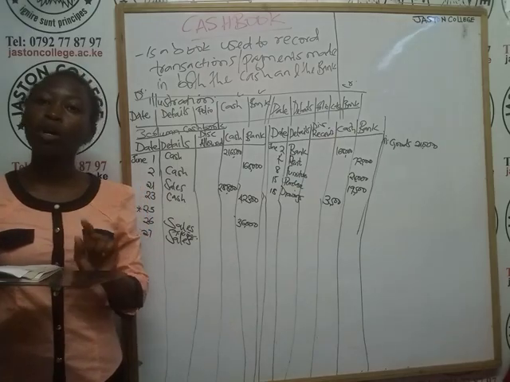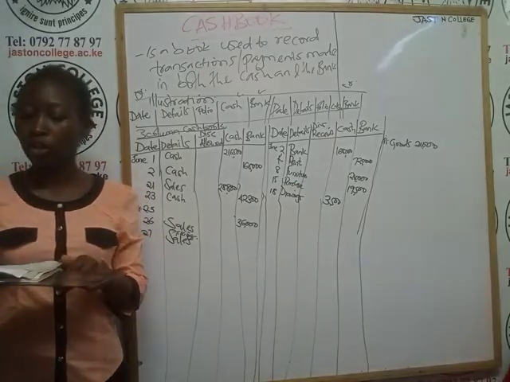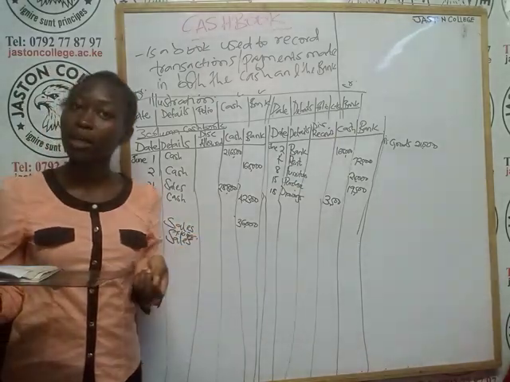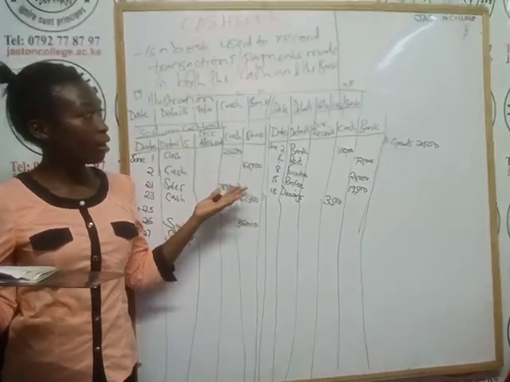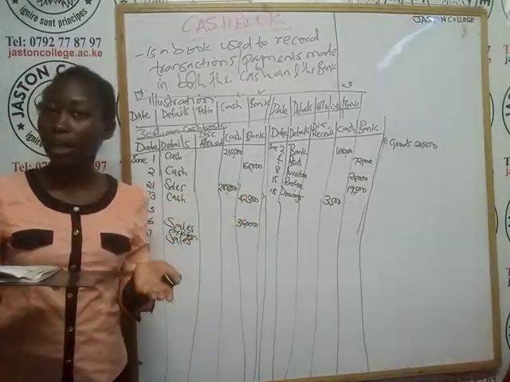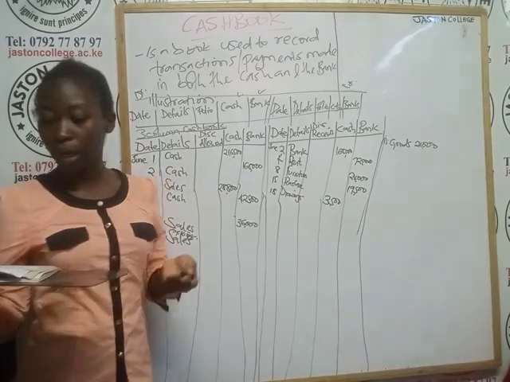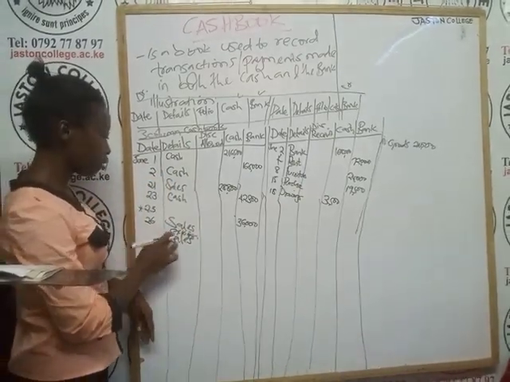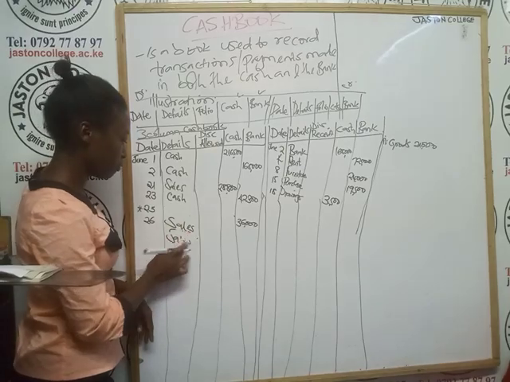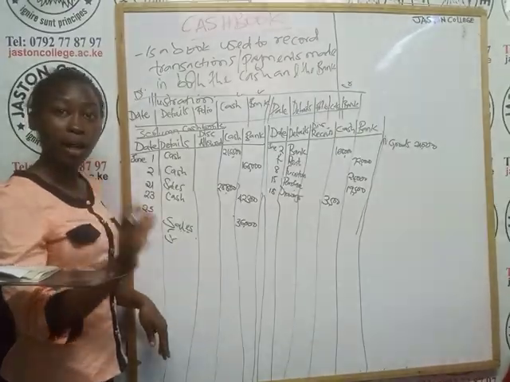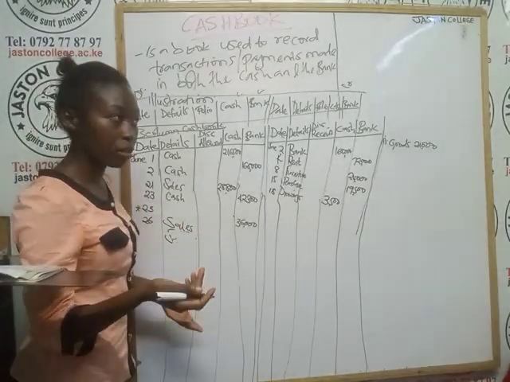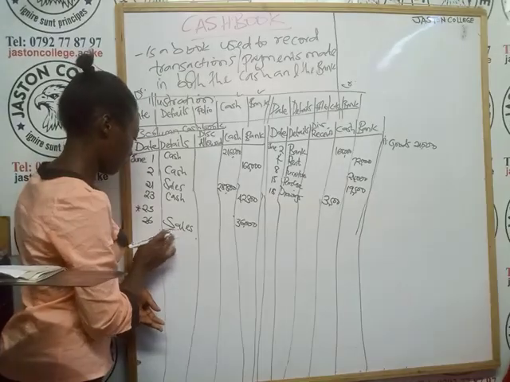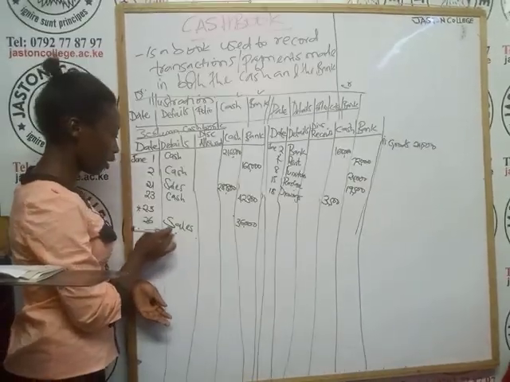That means no cash was involved. No bank, we didn't receive the money, so we won't debit or credit any cash or bank account. We are not going to include the sales to Tickings, okay? Because no cash or bank was received. So we will go to the next note.